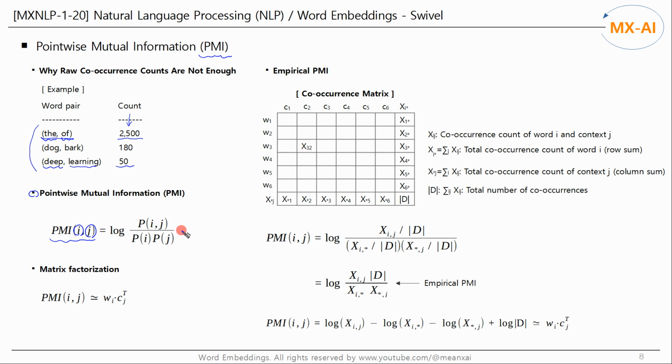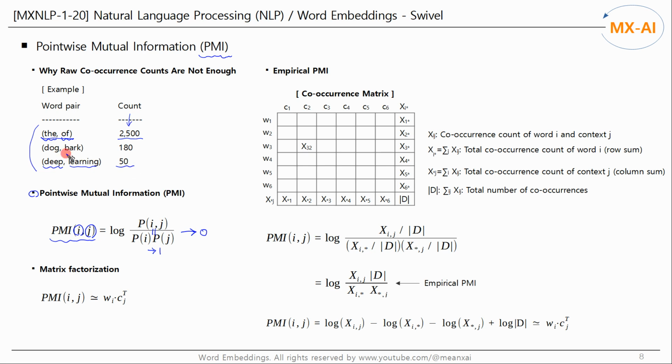On the other hand, if the observed probability is close to the expected probability, the ratio becomes close to 1 and the PMI is close to 0. In that case, the two words behave almost as if they were independent.